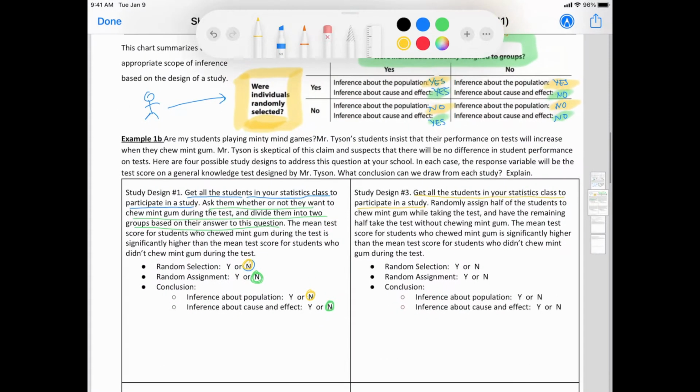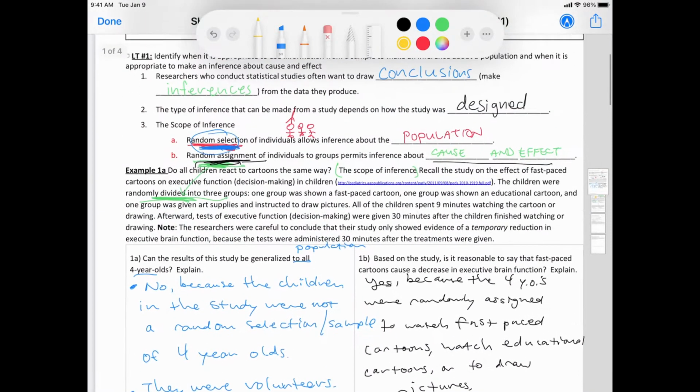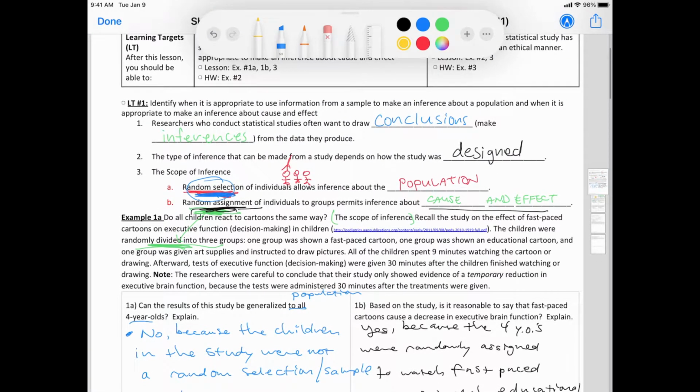So question, back here, that yellow box, were the individuals randomly selected? The answer is no. So there, it's talking about, from back on our big idea, random selection in red there can tell us about the population.